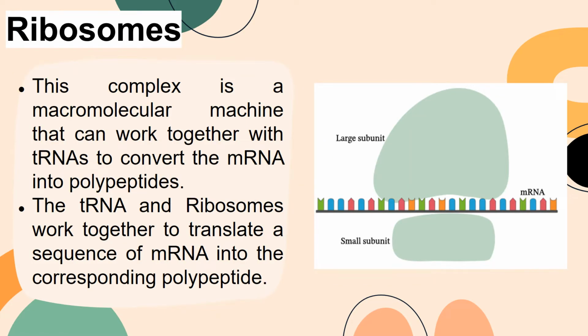This complex is a macromolecular machine that can work together with the RNAs to convert the mRNA into polypeptides, so that the RNA and ribosomes work together to translate a sequence of mRNA into the corresponding polypeptide. So it carries a specific amino acid to the ribosome to help build proteins.